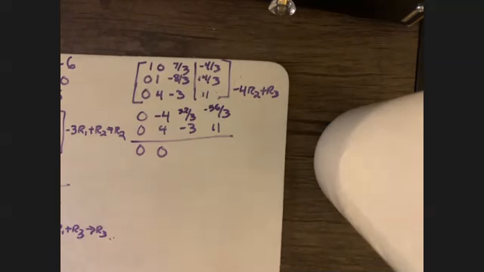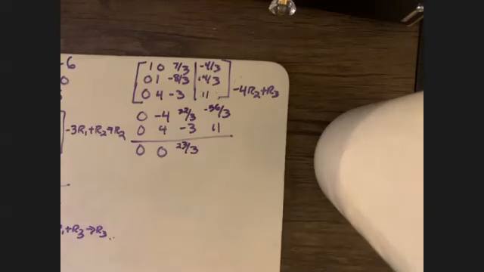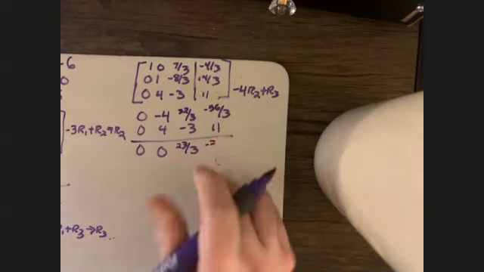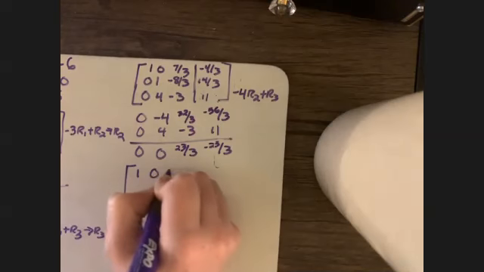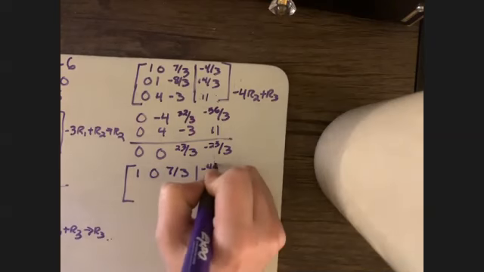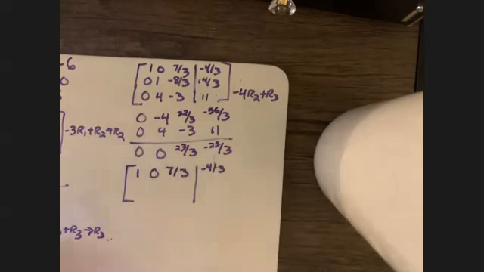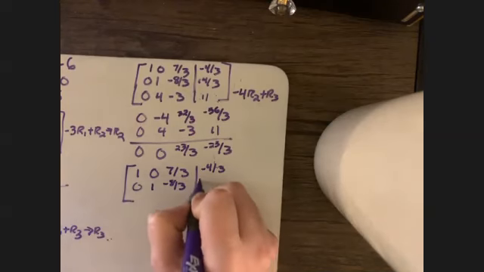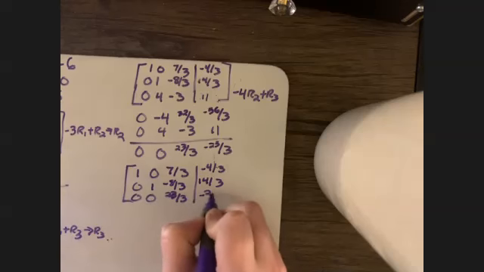It's 23 thirds, negative 23 thirds. So now we've got 1, 0, 7 thirds, negative 4 thirds, 0, 1, negative 8 thirds, 14 thirds, 0, 0, 23 thirds, negative 23 thirds.